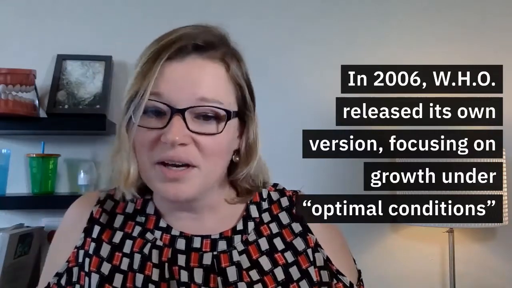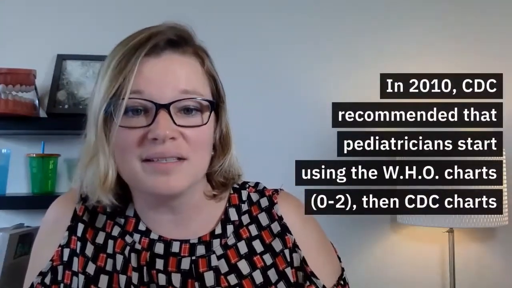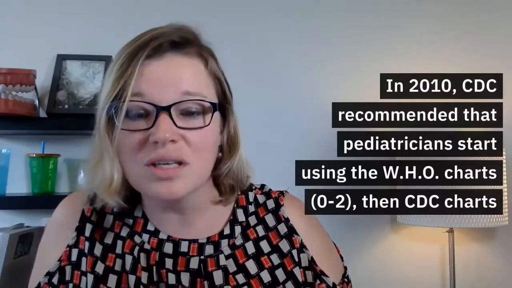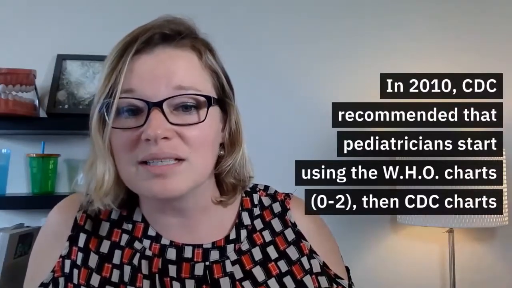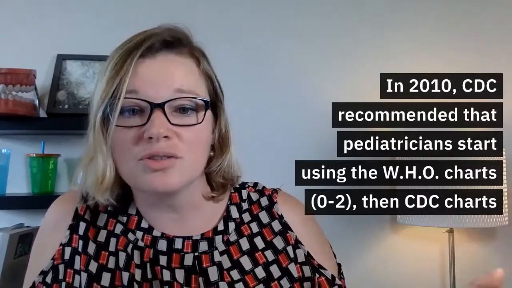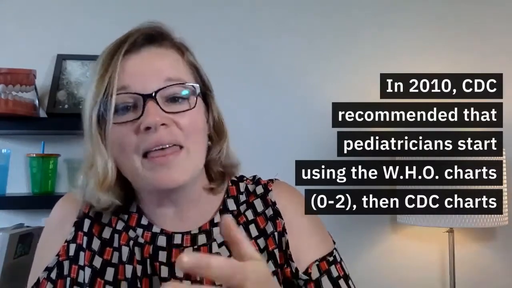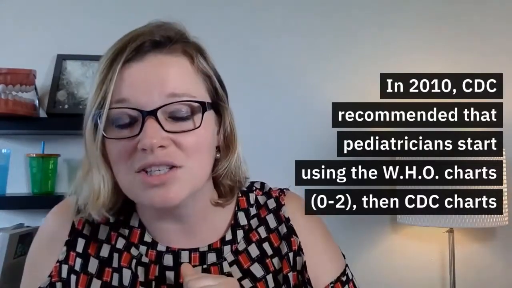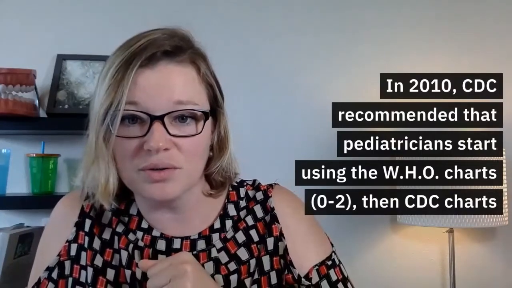So, because there was discussion and professional opinion shared and decisions around recommendations for pediatricians, in 2010, the CDC then recommended that pediatricians start using the World Health Organization charts for children from 0 to 2, and then switch over to the CDC charts after 2 years old.